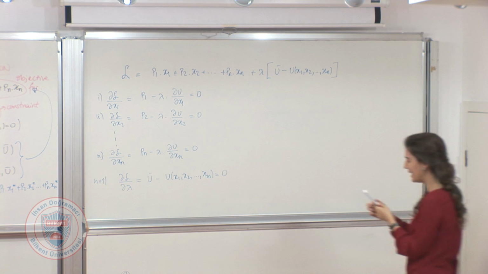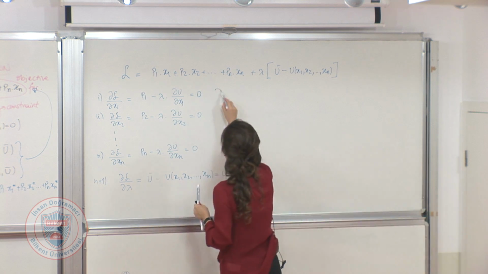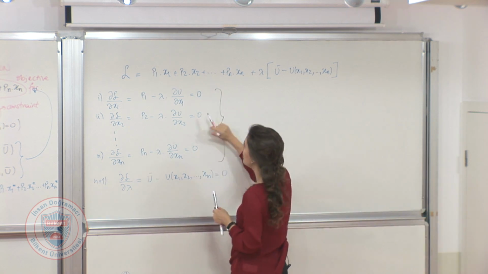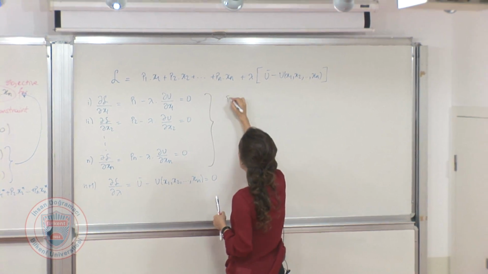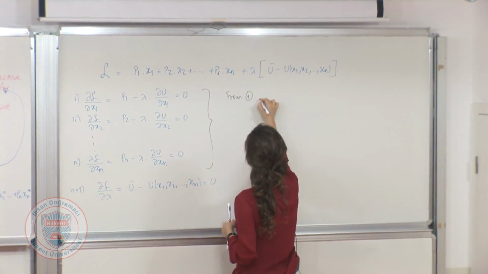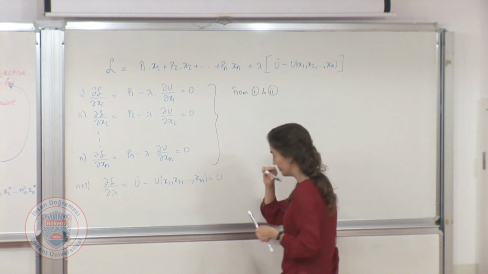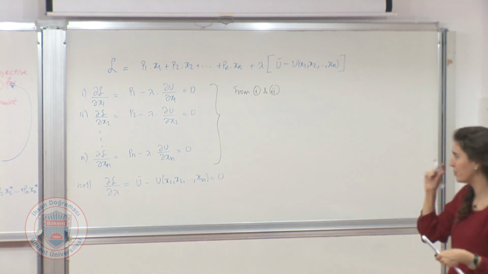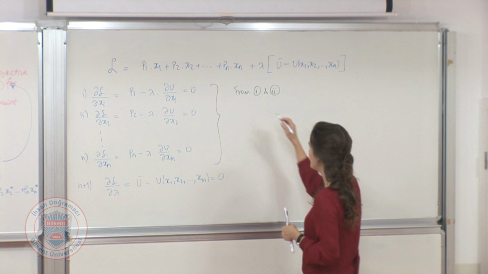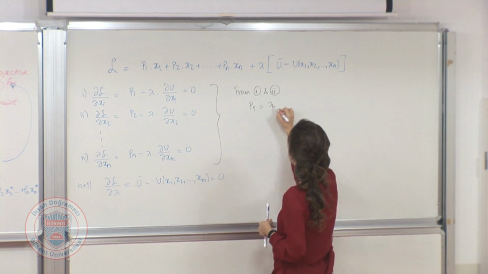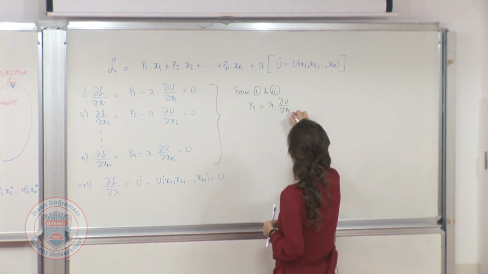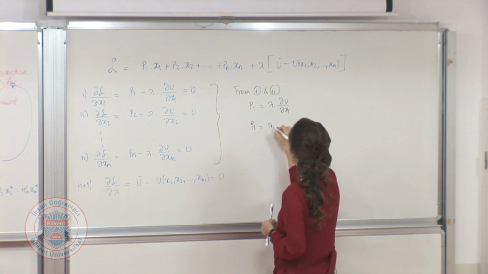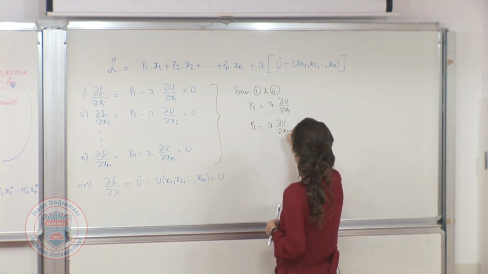So basically, again, as we did before, consider the first and second conditions. For instance, I have p1 equals lambda times del u over del x1, and p2 equals lambda times del u over del x2.